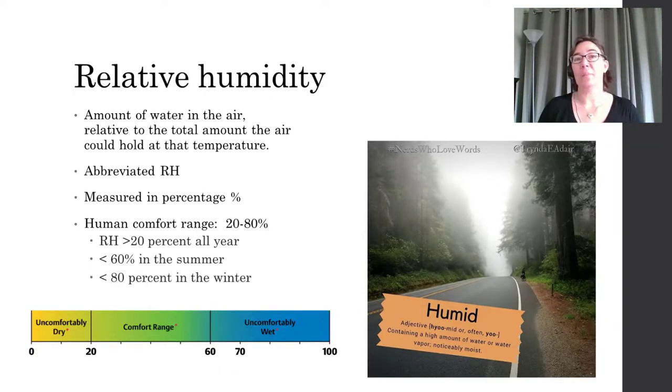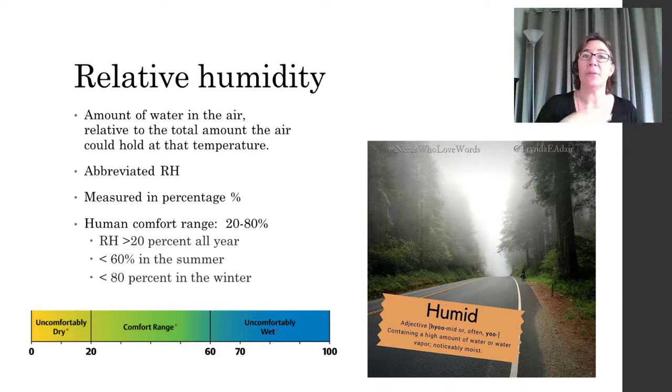Our next environmental factor in thermal comfort is relative humidity. It is the amount of water in the air relative to the total amount the air could hold at that temperature. And therefore it's measured in a percentage. Human comfort range is roughly in the 20 to 80% range, so this is a wide range.